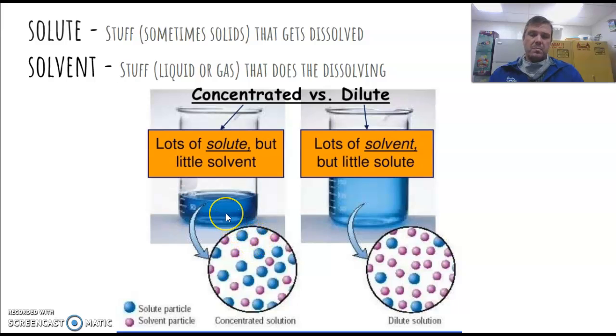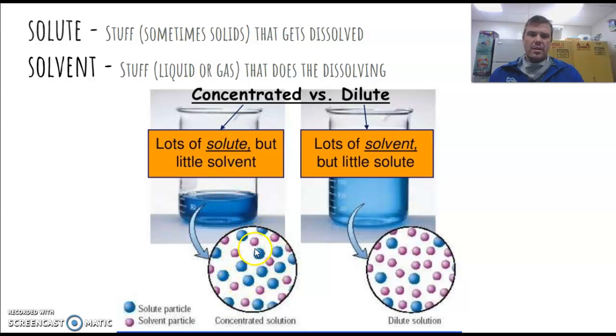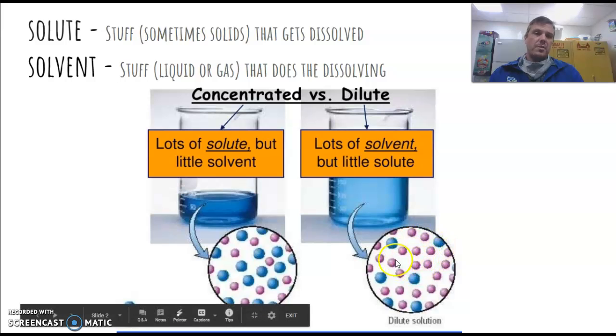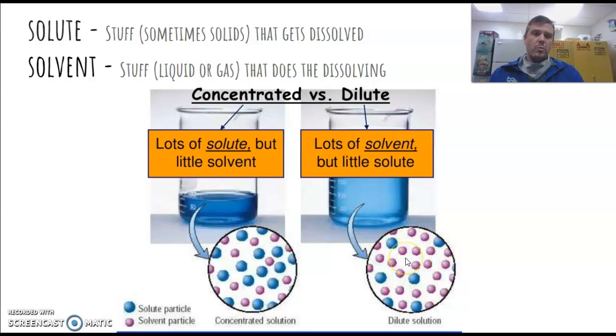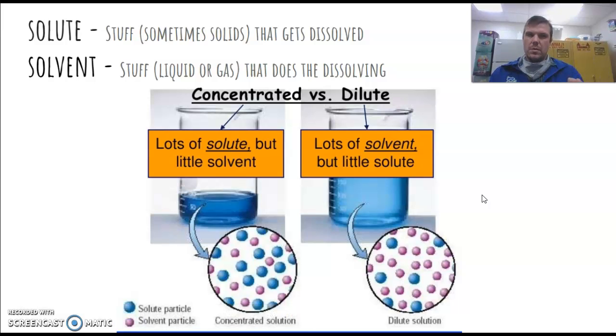Maybe this is just food dye and water. So the blue is the food dye, and the pinkish stuff would be representing the water. So in this case, we have lots of solute and not lots of solvent. And just the opposite over here. We added some more water to it, we diluted it, and so now we have fewer solute particles in there and it's more dilute. I think that's pretty self-explanatory, but it gets tougher, so keep writing.